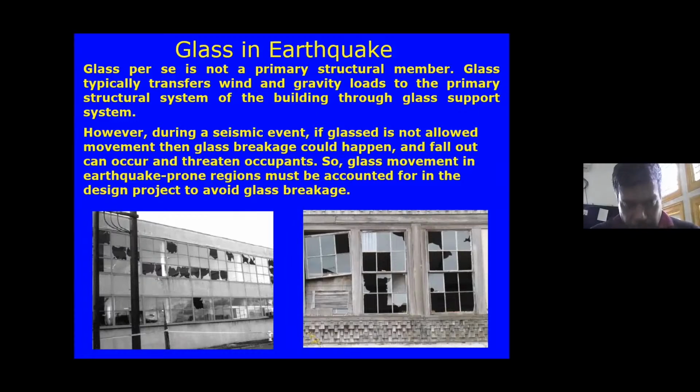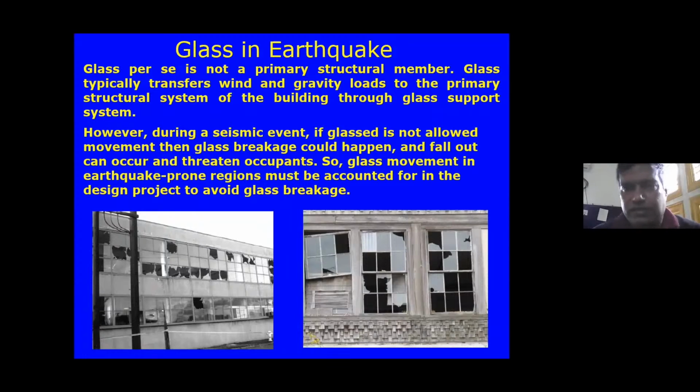However, during an earthquake event, if the glass is not allowed to move, and this is the very key thing for earthquake resistant design, then the glass breaks. Why could the glass break? As we know, glass is fragile, and we all talked about the probability of breakage.